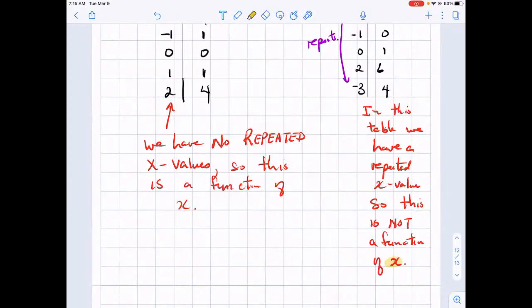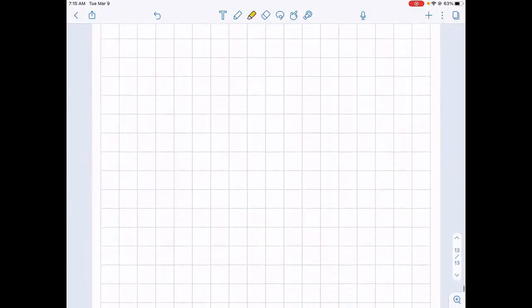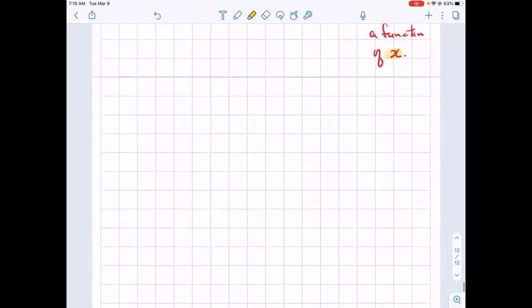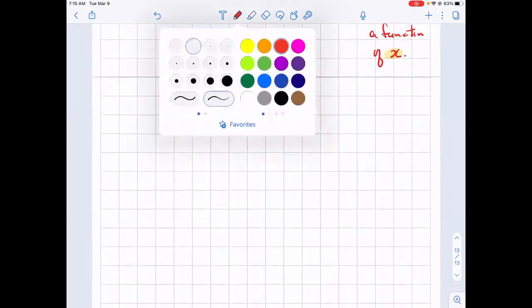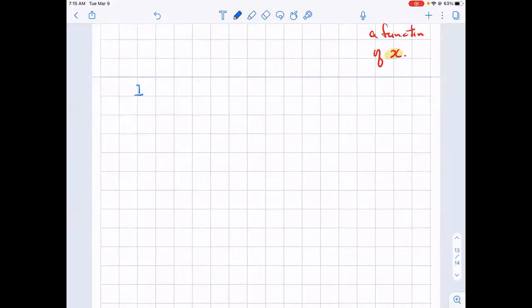So now let's look at when a function increases and when a function decreases. Okay. We want to look at increasing and decreasing functions.